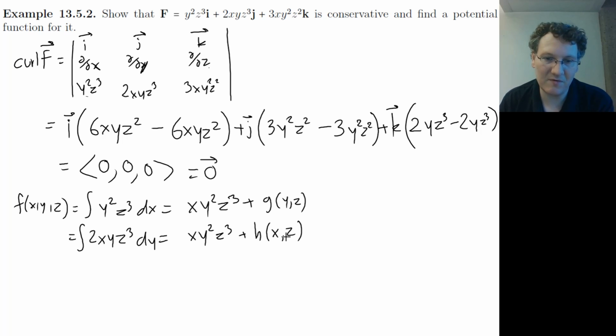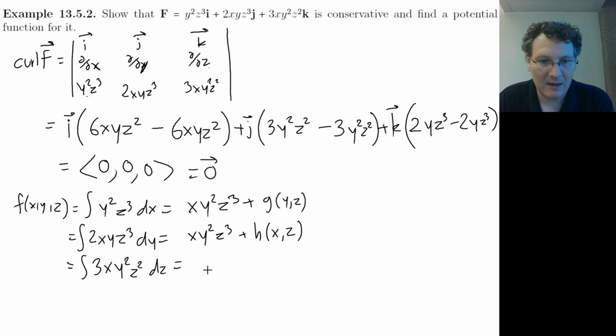Well, so far it looks like we have it. We don't need to have any other function tacked on. But let's just make sure the last one works. I'm pretty sure it will. The integral of 3xy squared z squared dz is going to be xy squared z to the third plus some, what letter can I use, u of x and y.